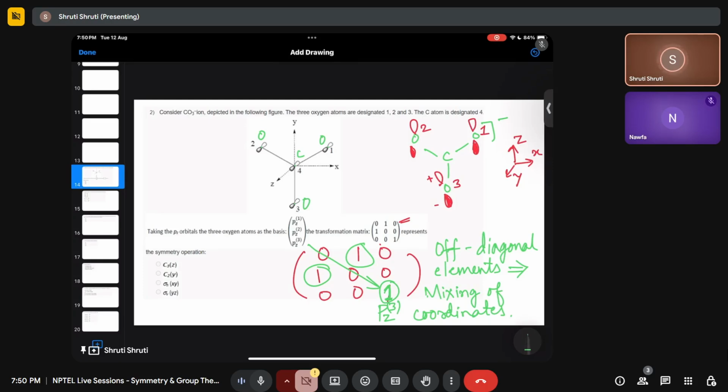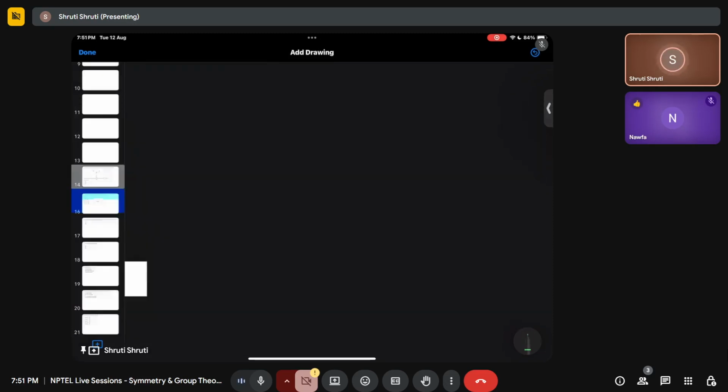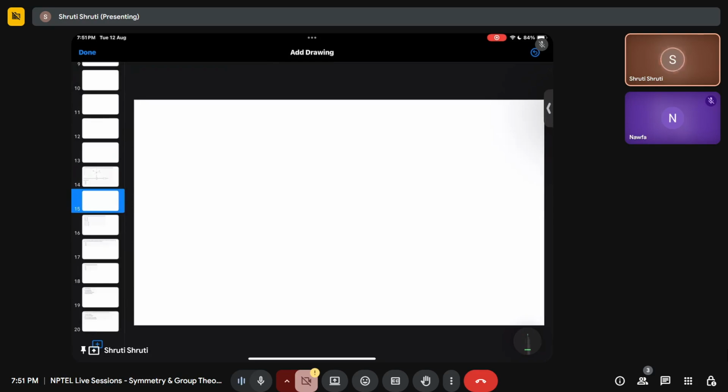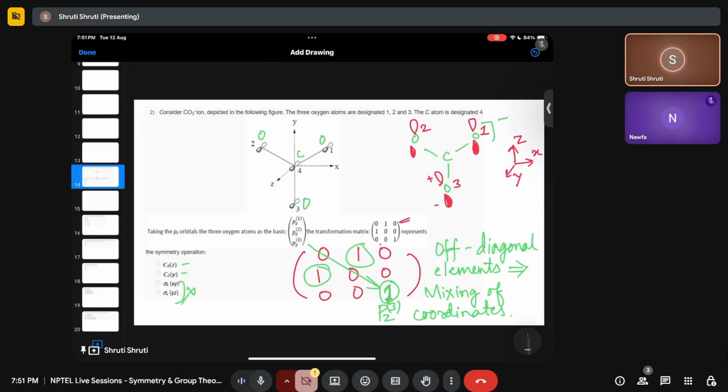So the last two options will not work here. It's either the first or second option. You can just rule out these two. So either this or this. Now let's check which one it is. If you want to do it the long way, you can check all the four options.